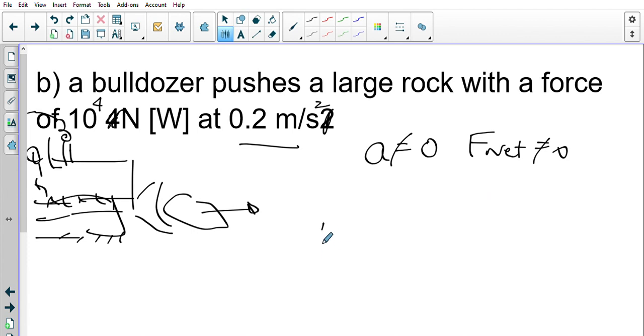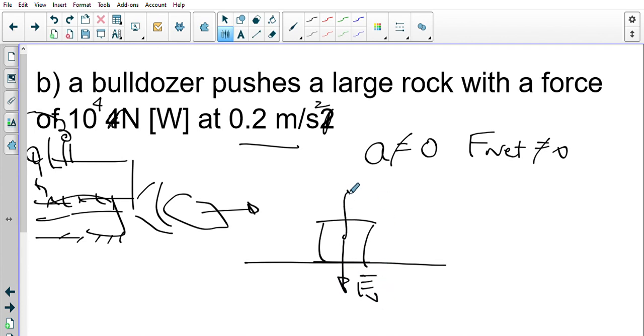So if we have our rock, let's draw a nice picture of the rock. We're going to have our force of gravity going down and a normal force going up. Those two forces are equal, opposite and balanced because it's not flying up into the air and it's not digging into the ground. So the net force up and down is zero.